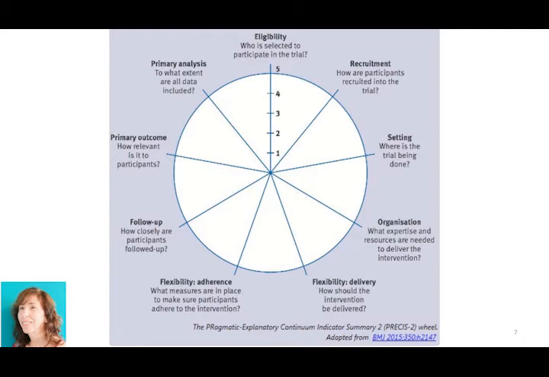For example, eligibility, recruitment, setting, the setting where we work, etc. By using this tool, we are asked to rate each domain on a scale from 1 to 5, from more restrictive traditional approaches to broader, more pragmatic approaches.